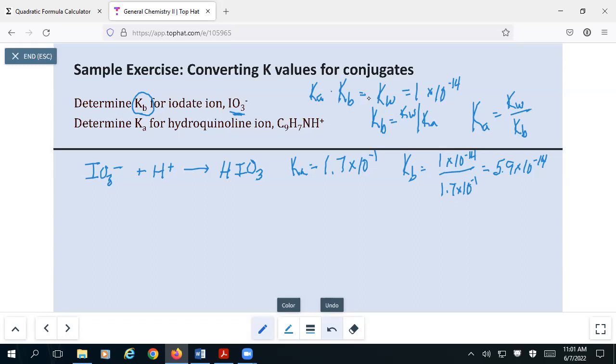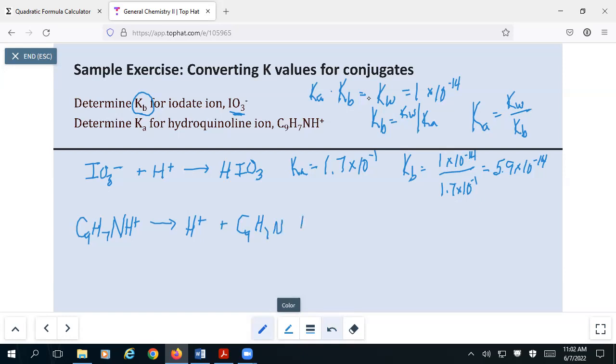Now for the hydroquinoline, we're talking about this acid here. So if it were to act as an acid, it would ditch that H plus and leave behind C9H7N. That's quinoline.